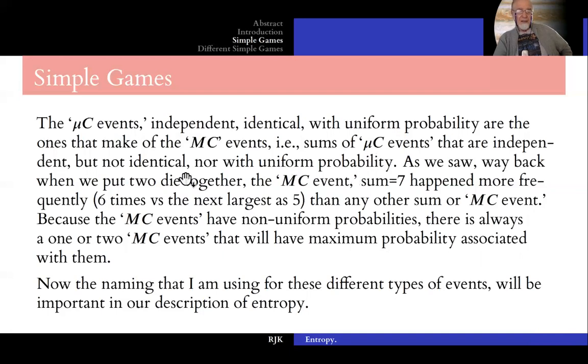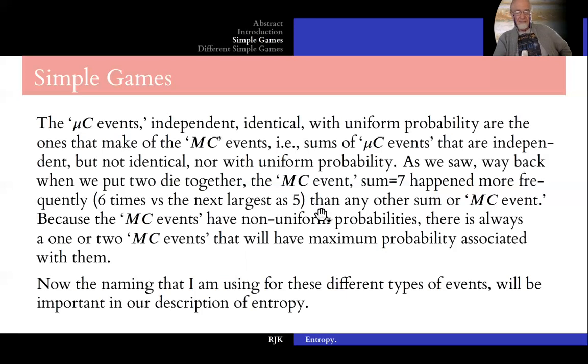Now, those are not identical. The sums go, in the case of 3, between 3 and 18. And the probabilities are not the same. They're not uniform probabilities in the case of the sums. So when we went way back to only 2 die together, the MC sum equals 7 happened most frequently, that is 6 times versus the next largest at 5.